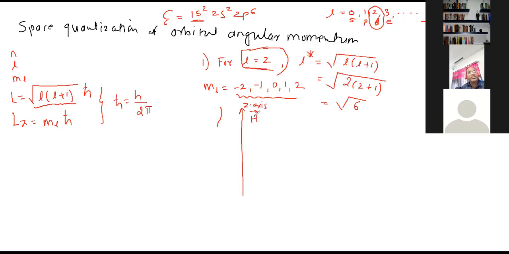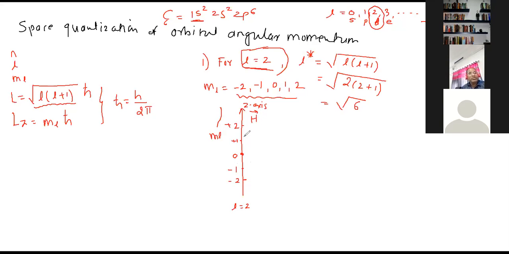So along the z axis you have ml values. 0, then +1 on this side, then +2. These are your ml values. Similarly, you have the -1 value and the -2 value. These are for l is equal to 2.